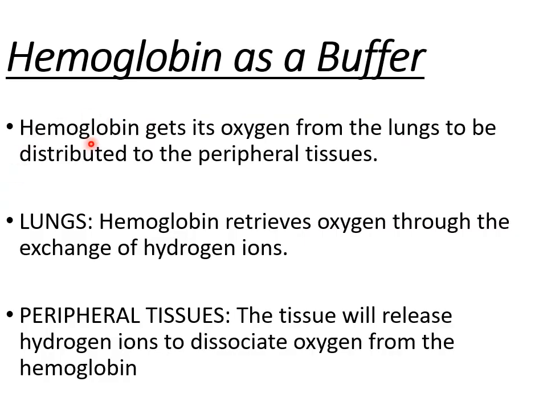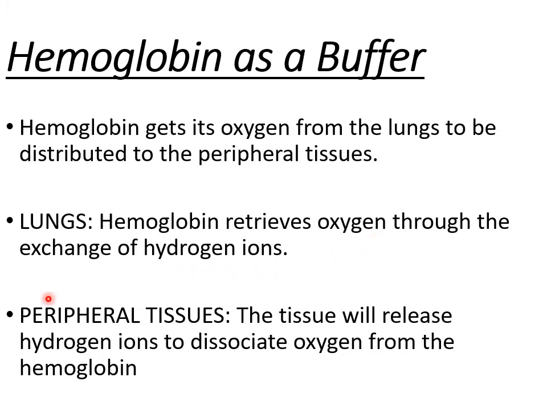So, recall lang natin, we have two types of hemoglobin, okay? The deoxyhemoglobin and oxyhemoglobin. Pag papunta sa lungs, deoxyhemoglobin form muna siya. Wala siyang dalang oxygen. To get its oxygen, it will exchange the hydrogen ion for the oxygen molecule. And it will be converted into oxyhemoglobin now.